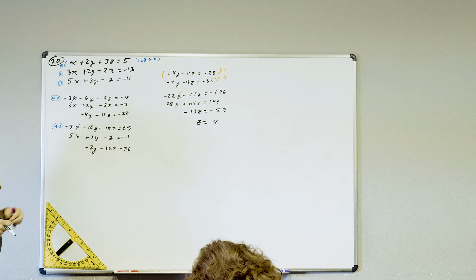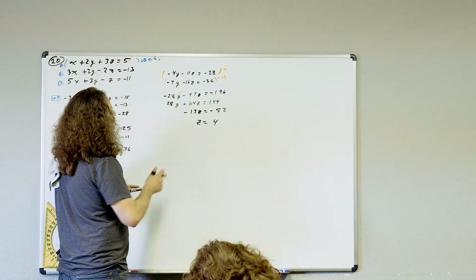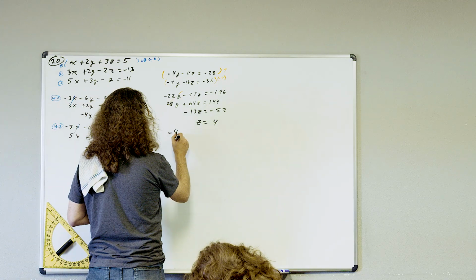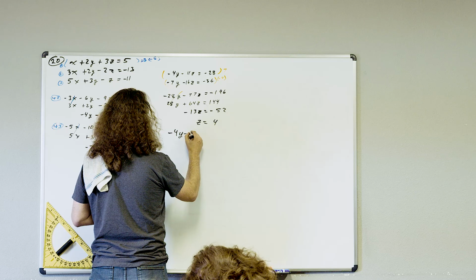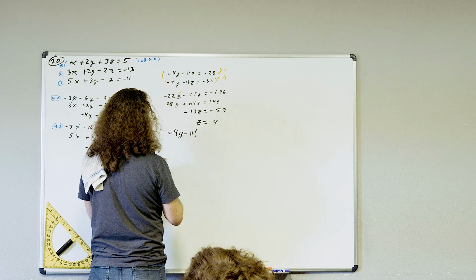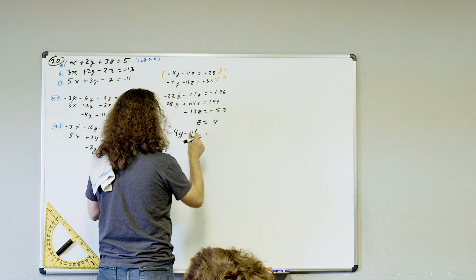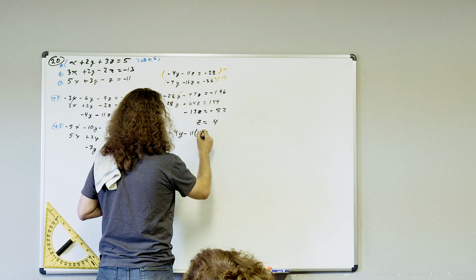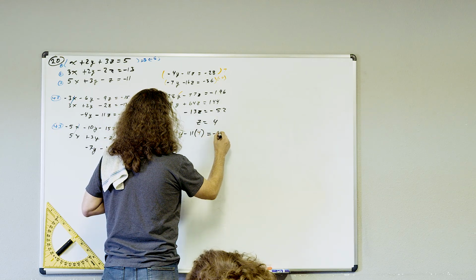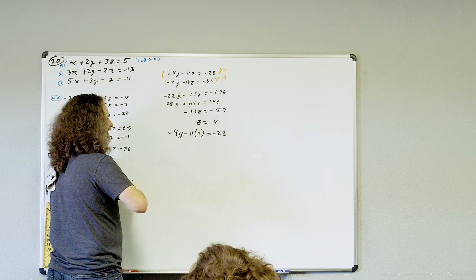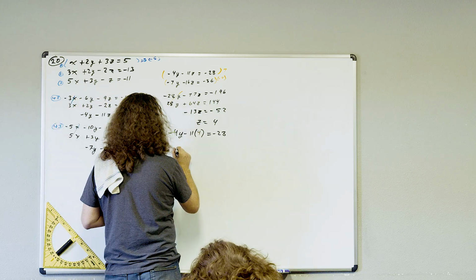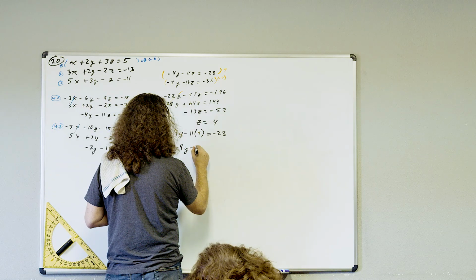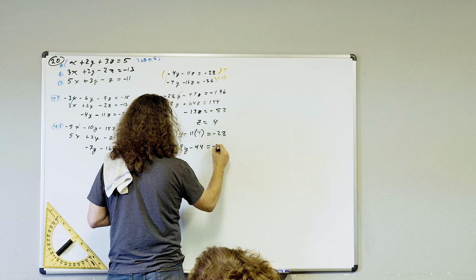So, negative 4y minus 11 times 4 equals negative 28. Negative 4y minus 44 equals negative 28.